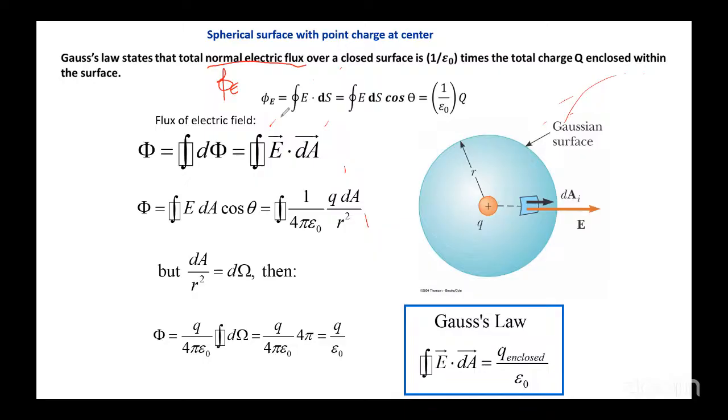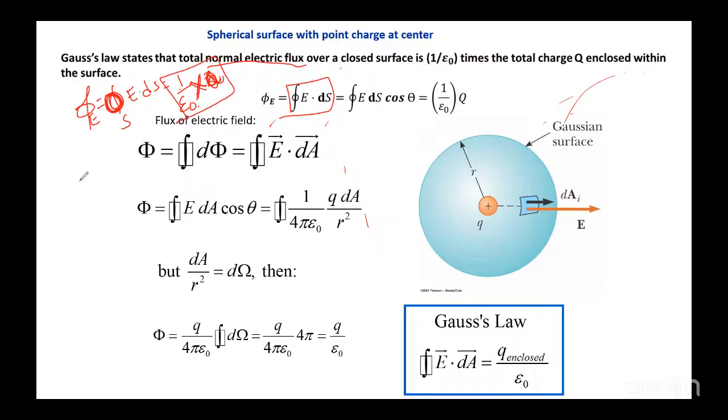What is the formula for phi e? Surface integral E dot ds, which is always equal to the normal electric flux over any closed surface. This one indicates the closed surface. Surface integral E dot ds is equal to 1 by epsilon naught times, times meaning multiplication, of the total charge, capital Q, within the surface.